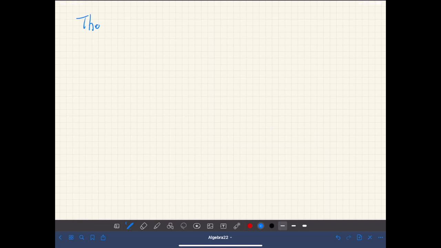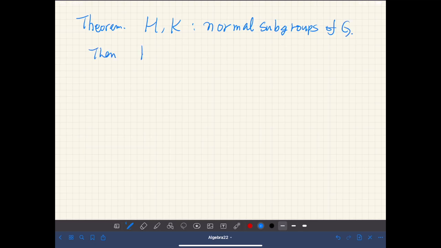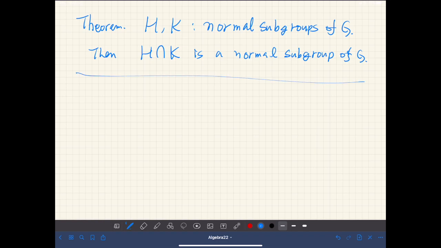Here's the next theorem. Suppose H and K are normal subgroups of G. Then H cap K is a normal subgroup of G. Okay, previously we have seen that if H and K are subgroups of G, then H cap K is also a subgroup, right?